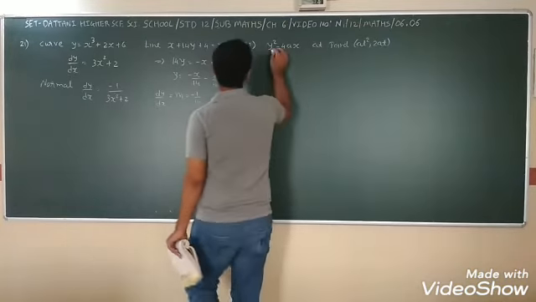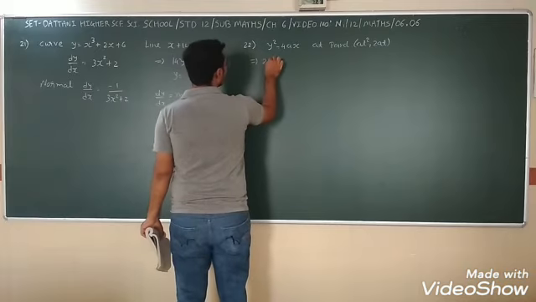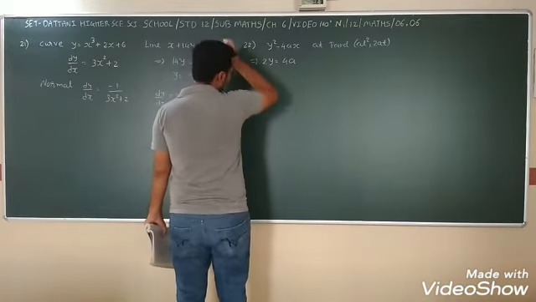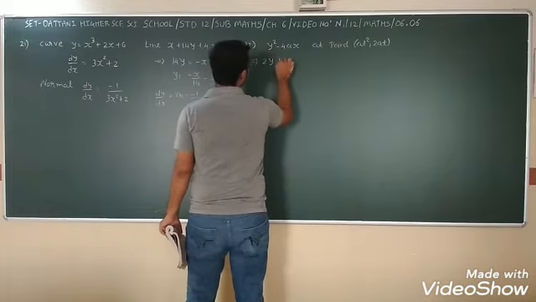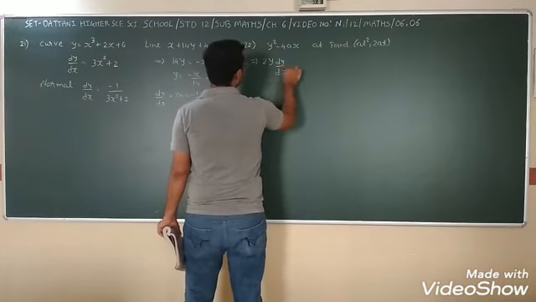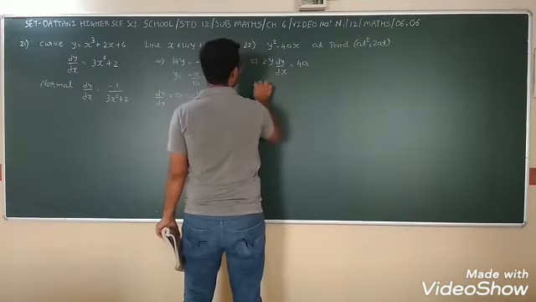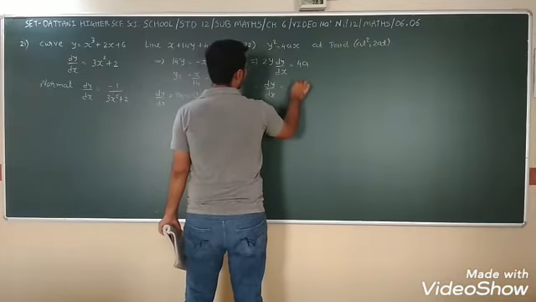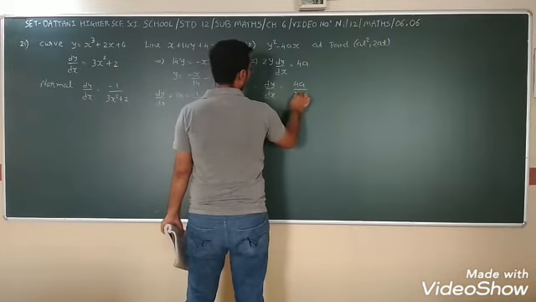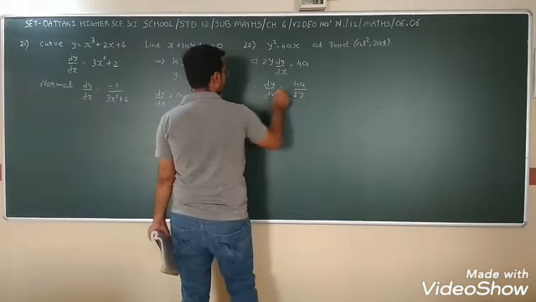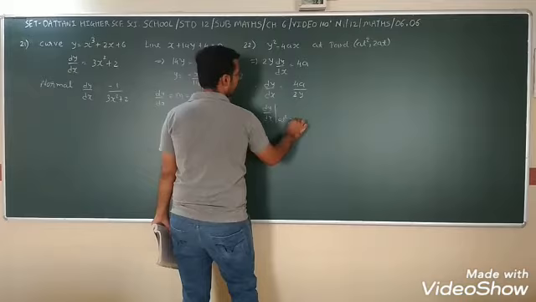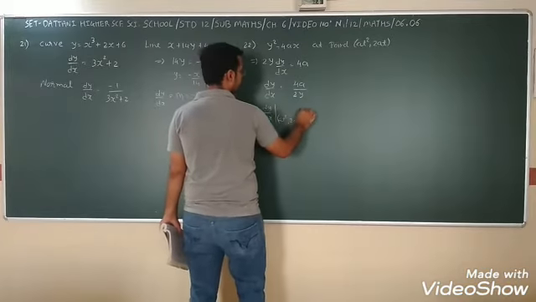So first step, take the derivative: 2y dy by dx is equal to 4a, so dy by dx is equal to 4a upon 2y.